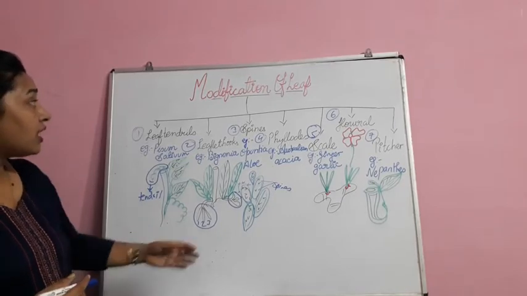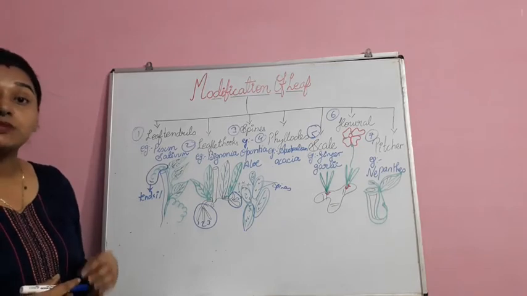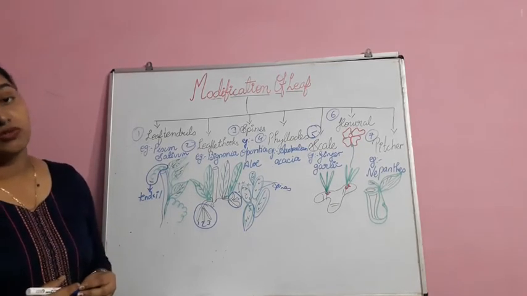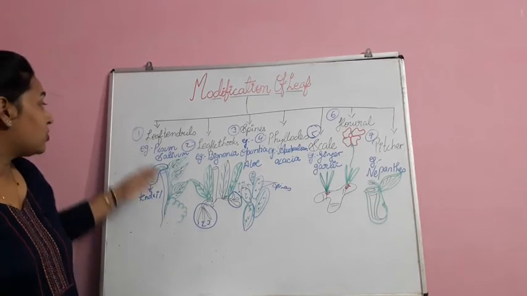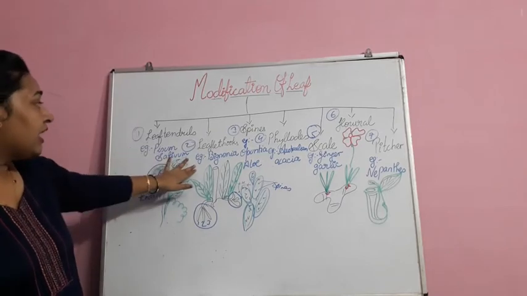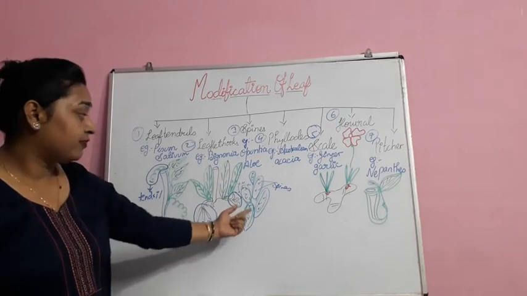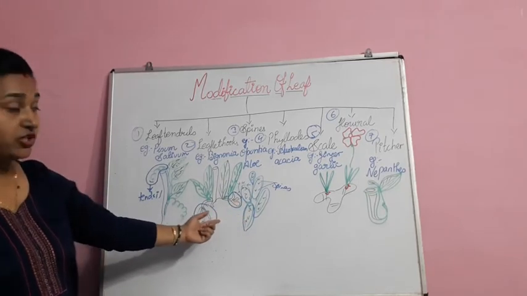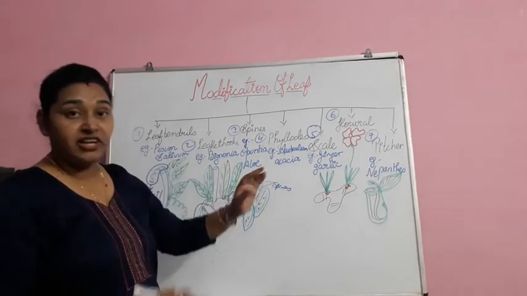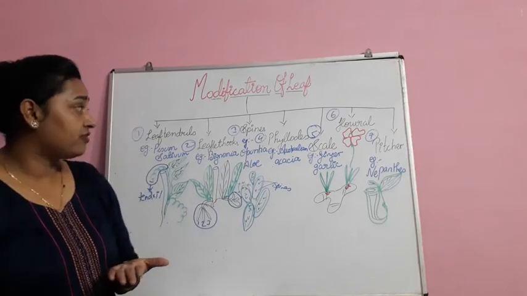So these are all modified forms of the leaf, done on the basis of the requirements of the plants. So you have seen leaf tendrils, leaflet hooks, and spiny leaves, where the spine structure protects from the herbivores. Phyllodes, where the rachis gets converted into a flat leaf-like structure.